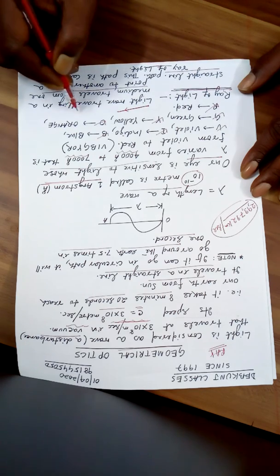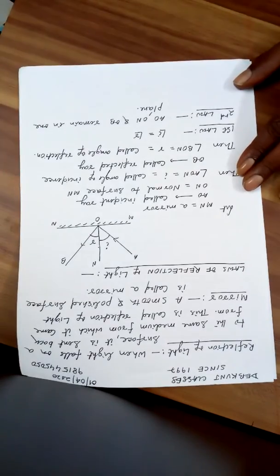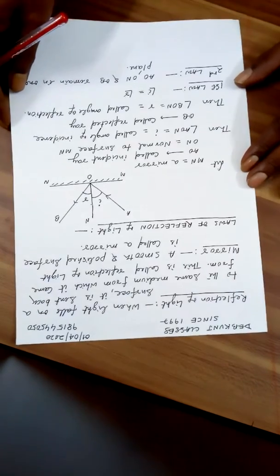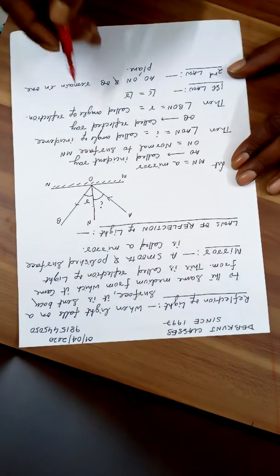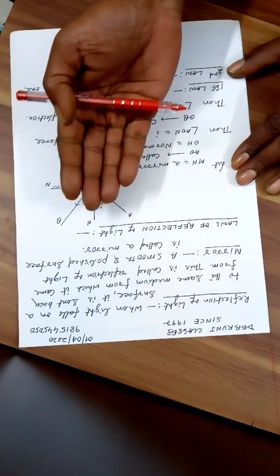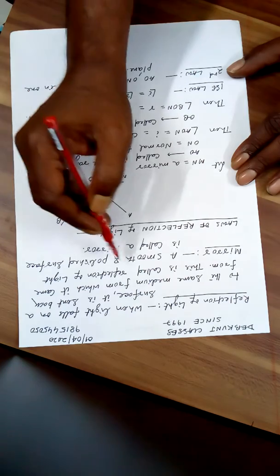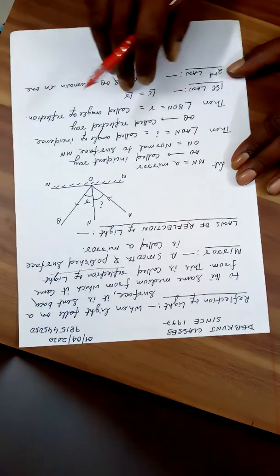So a ray of light is represented like this. Now coming back to reflection of light. When light falls on a surface, it is sent back to the same medium. This process is called reflection of light.